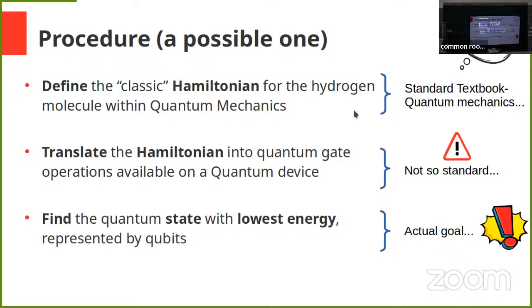This is standard textbook quantum mechanics. So if you're not interested or if you're not from the field, you can basically take a short rest for this. Then the second step is, how can we map such a Hamiltonian so that a quantum computer can understand it? And the last step is, if we have such a representation on a quantum device, can we find somehow a quantum state which has the lowest energy? This is our actual goal.